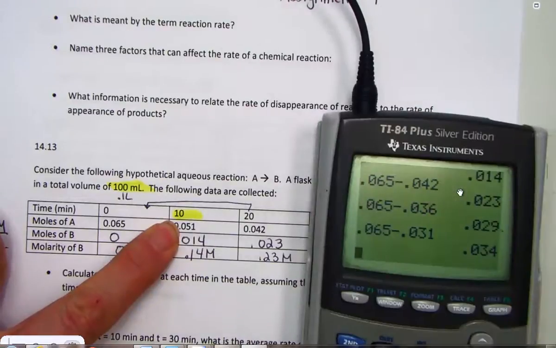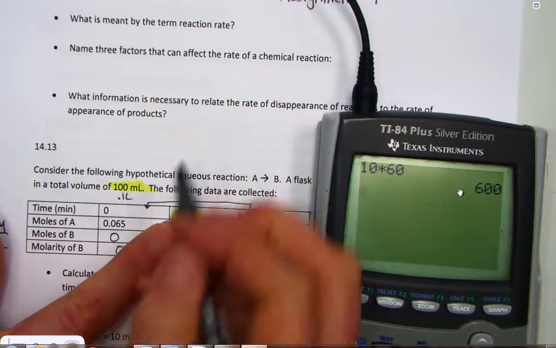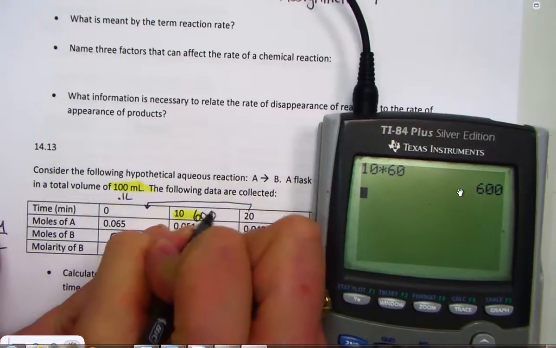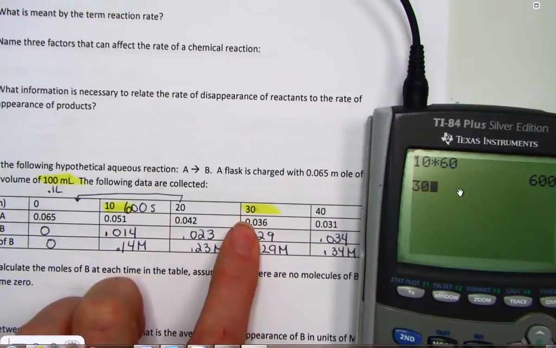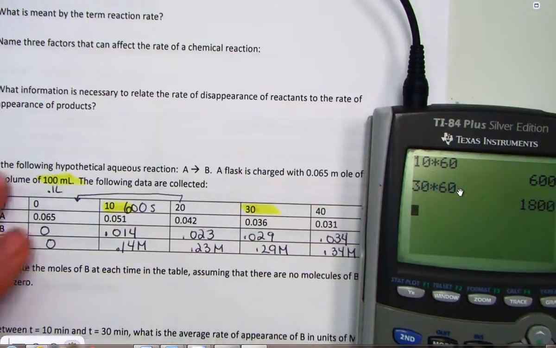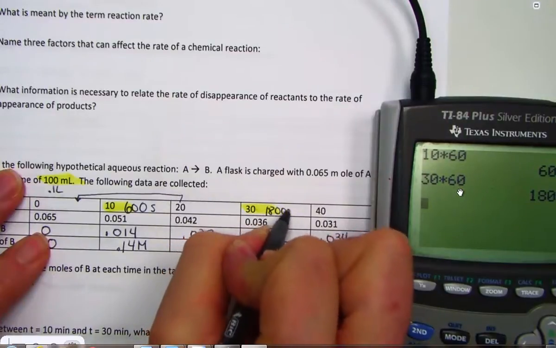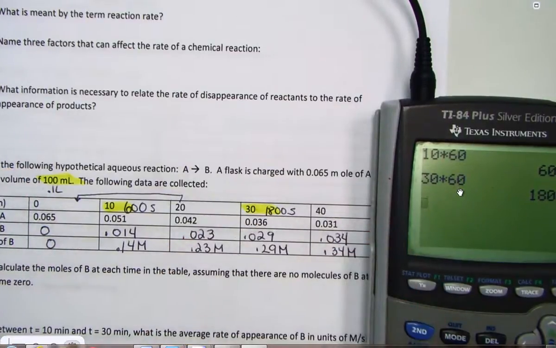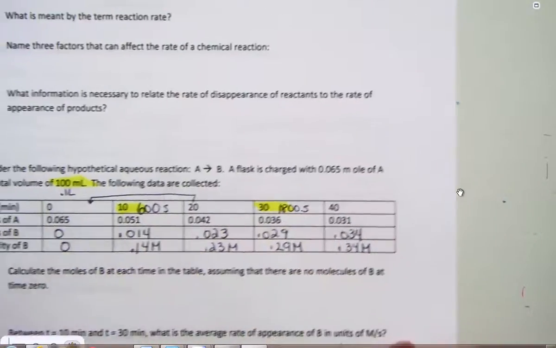So let's just take a quick moment and change the minutes. 10 times 60 seconds would be 600 seconds, which is equivalent to 10 minutes. And then 30 times 60 would give us 1800 for the number of seconds in 30 minutes. I'm just doing that because it asked me to do this in molarity per second, but my timetable here was per minute.